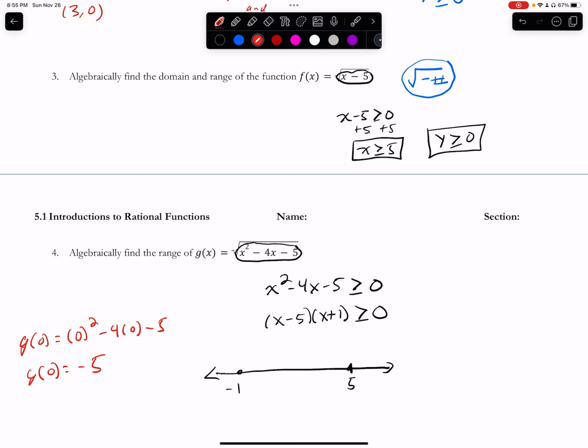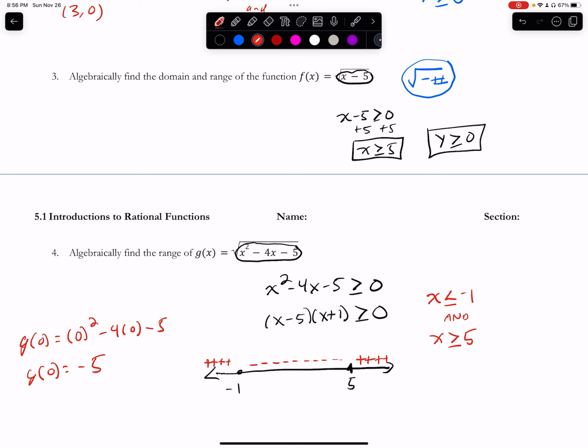So we know that anything between these two is going to be negative, and it's going to be positive over here and positive over here. So if we want to find the domain, we can say x has got to be less than or equal to -1, and x has got to be greater than or equal to 5.